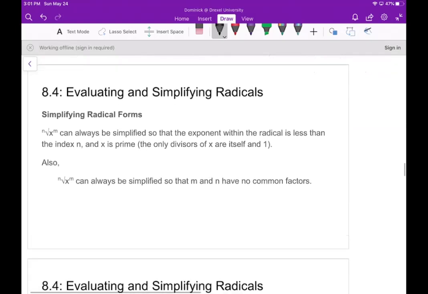Okay. Now, in general, when we simplify our radical forms, we can always simplify so that the exponent inside the radical is less than the type of root that you're taking, right? And of course, your number on the inside is prime. We can always do that. And of course, you can always simplify so that there are no common factors as well.